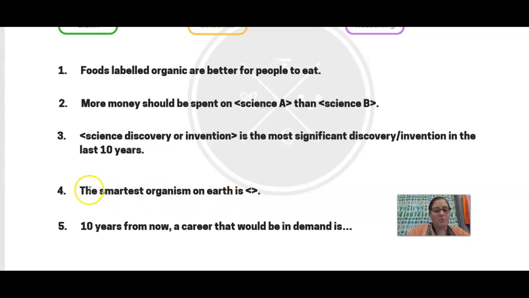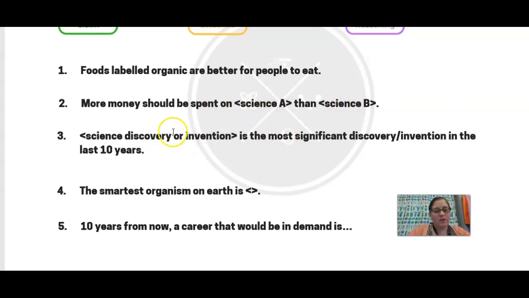So for number 4, the smartest organism on earth is, you will choose one. For number 2, more money should be spent on, you'll pick a subject in science. You could say chemistry, then on physics or something like that. You could also say on this research rather than that research.